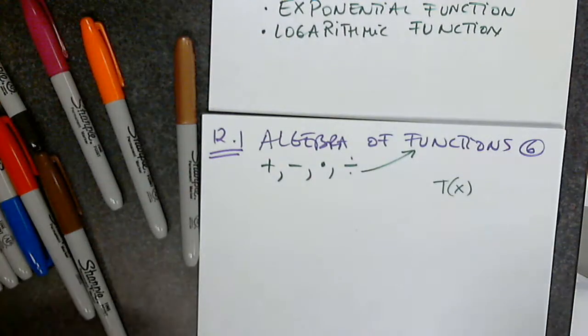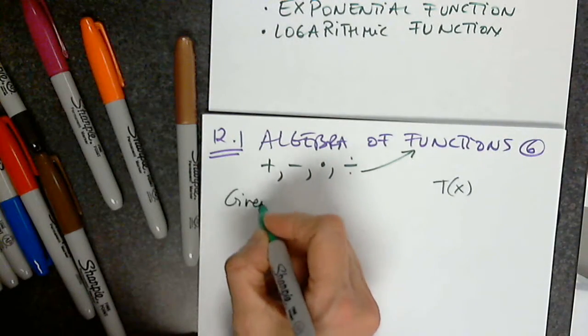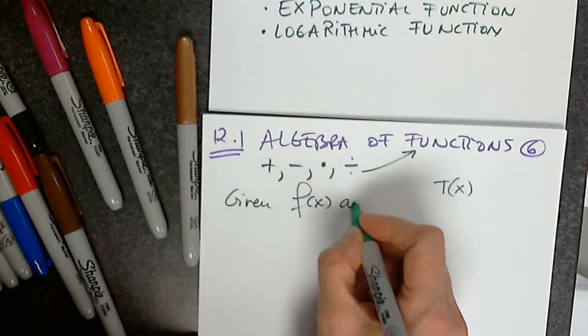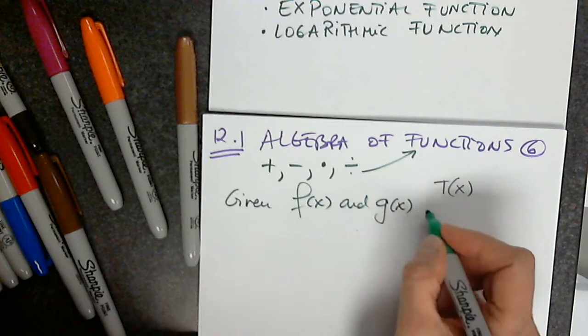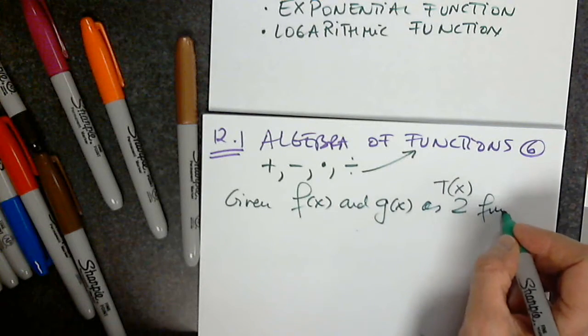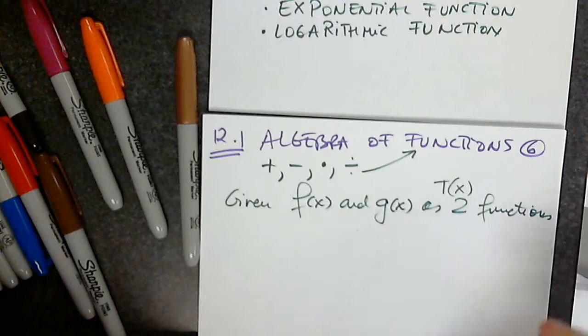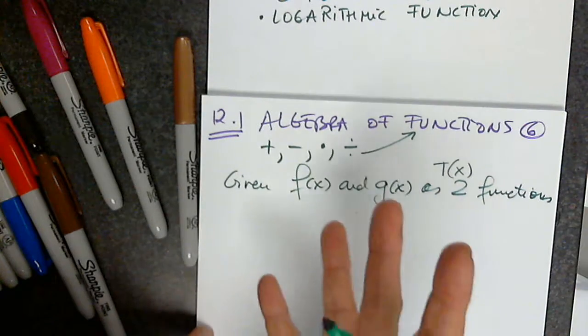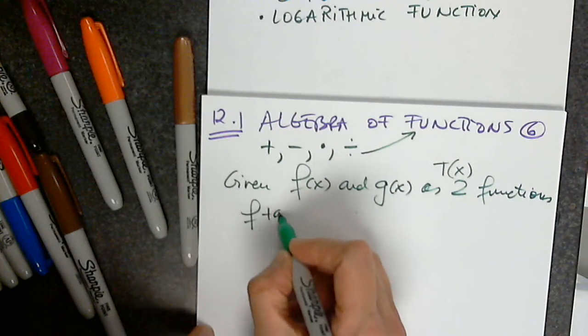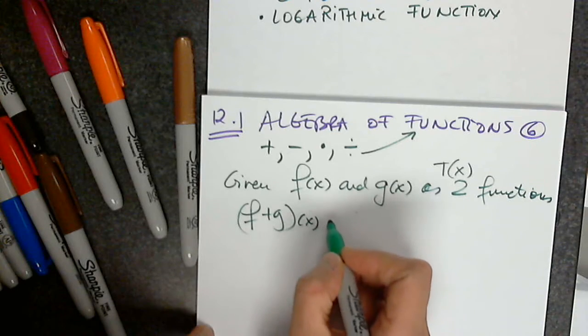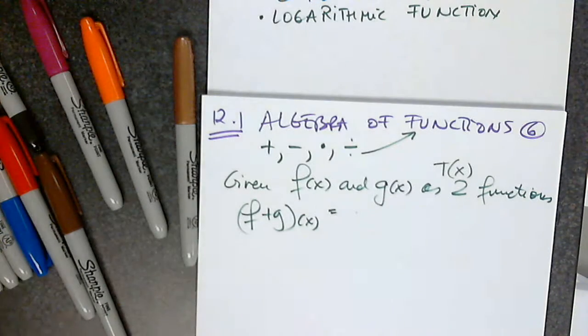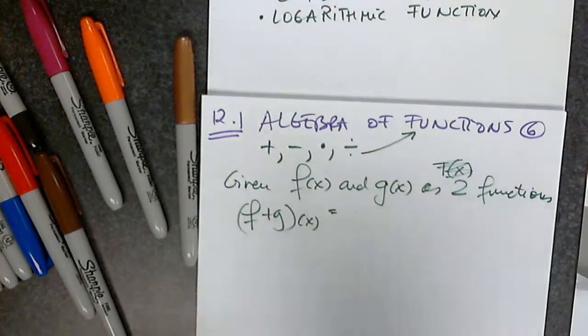But if I say to you, given f of x and g of x as two functions, and I'm asking you to find f plus g of x, you will definitely know what I'm asking you to do. If I ask you t of x, you're going to say, I have no idea. You have to give me information.